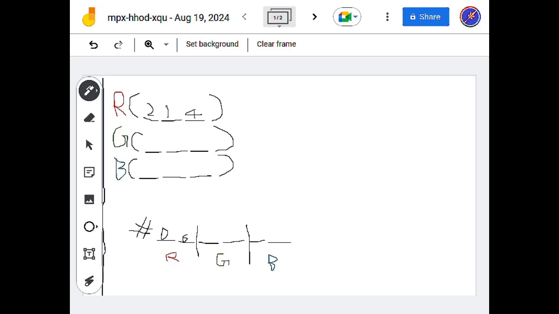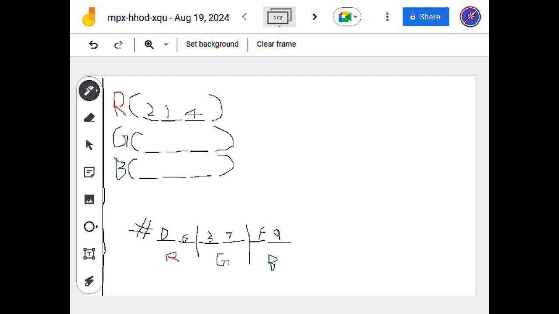Now what should our G be? Let's go with 37. And then B, F9. Look at that. Okay. So we have what we need now. 37 there isn't equal to 37 here, though. 37 there is equal to 3 16s and 7 1s.